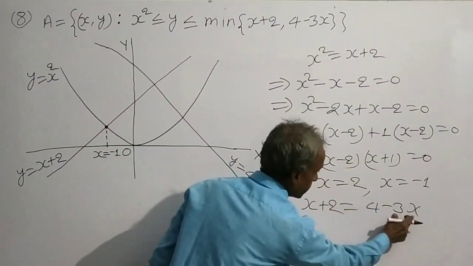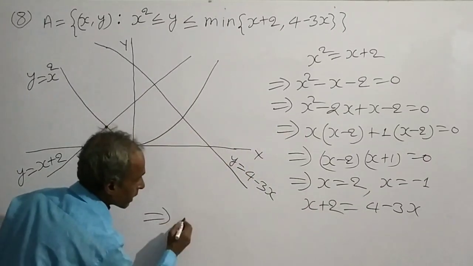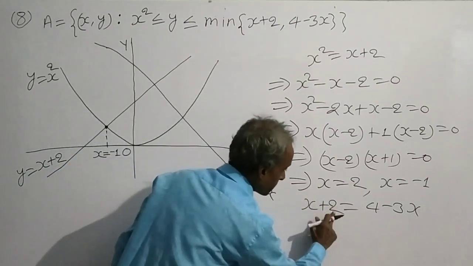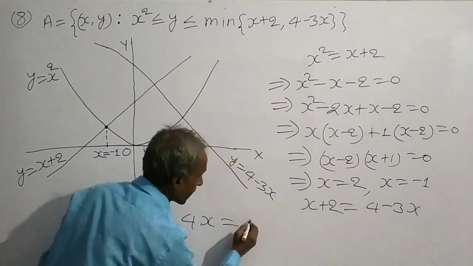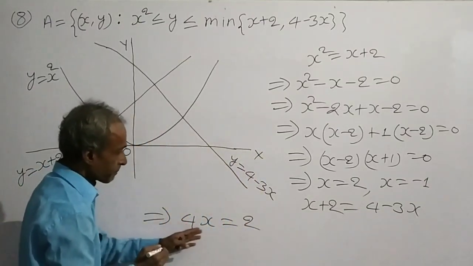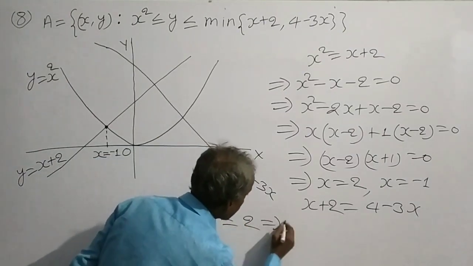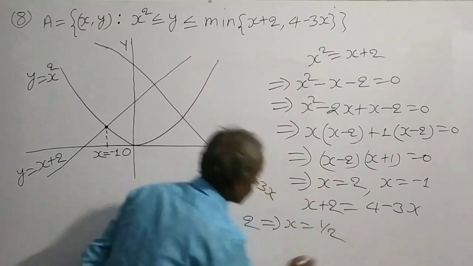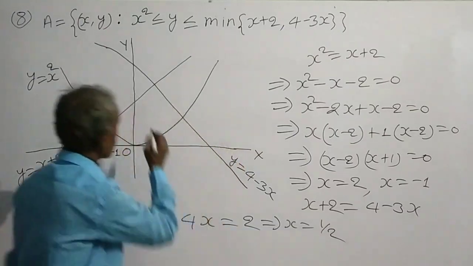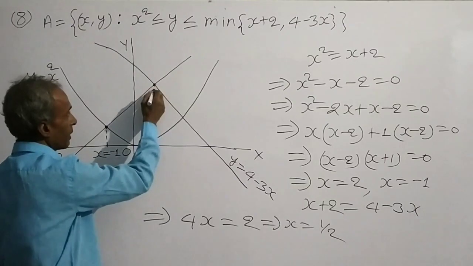Shifting this 3x on the left hand side, we get 4x is equal to, shifting 2 on the right hand side, we get 4 minus 2, that is equal to 2. Dividing the right hand side by this 4, we get x is equal to 1 by 2. That means x coordinate 1 by 2 is the x coordinate of this point of intersection.